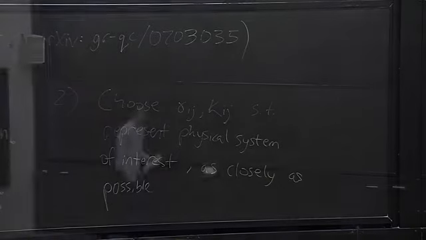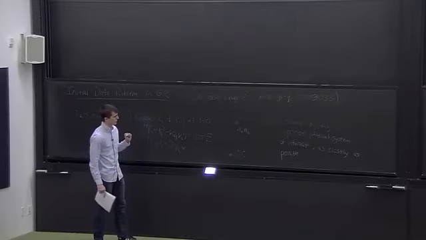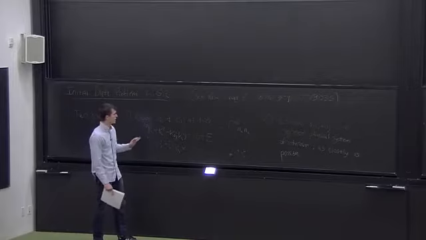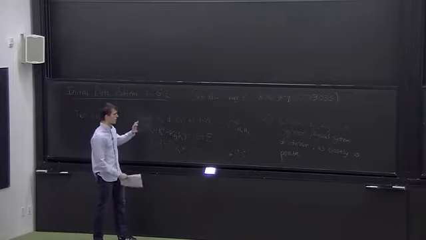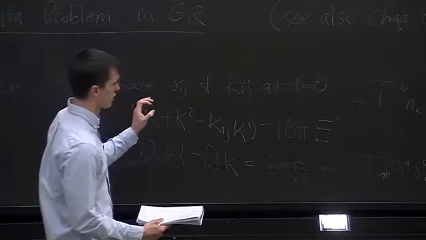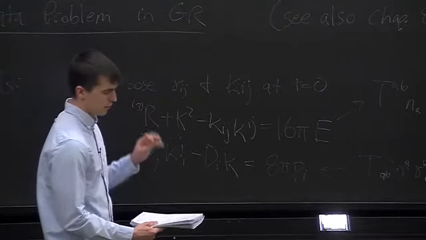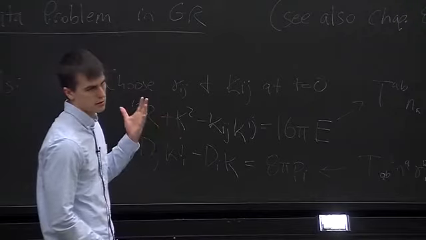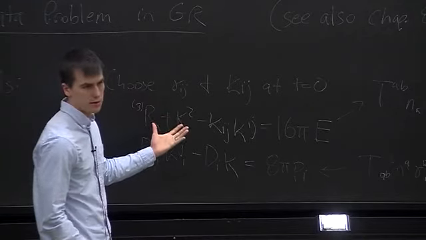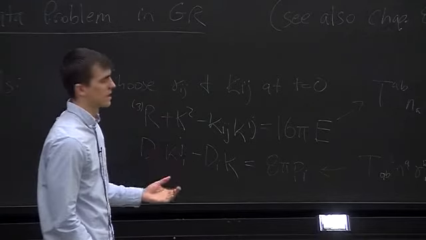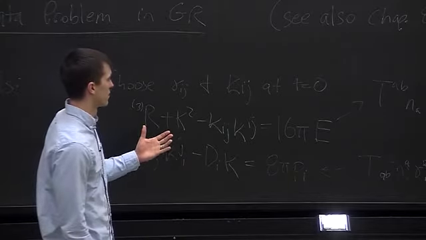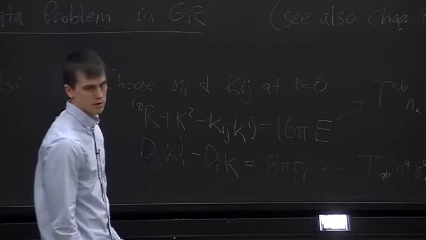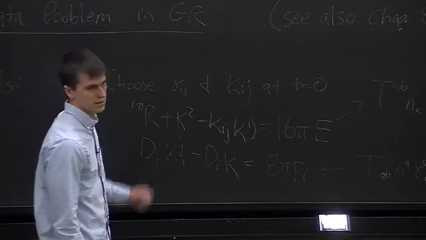So the usual approach to this problem is to basically divide up these quantities into 2 different groups. Basically, one we'll call the free data, which we'll specify freely to represent our physical system, and the rest will be the constrained data, which we'll choose by solving some version of these 2 sets of equations.